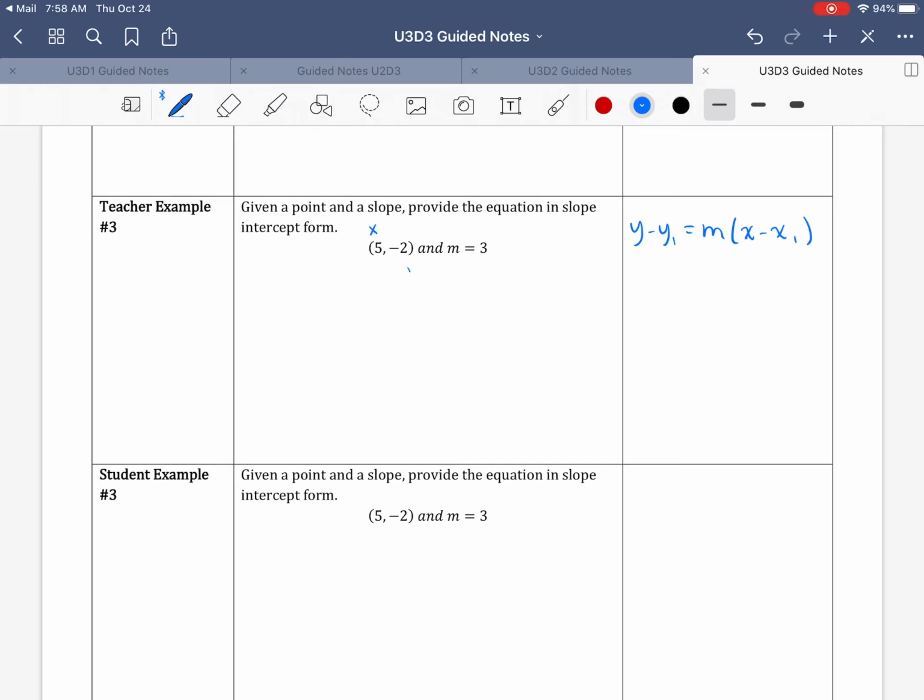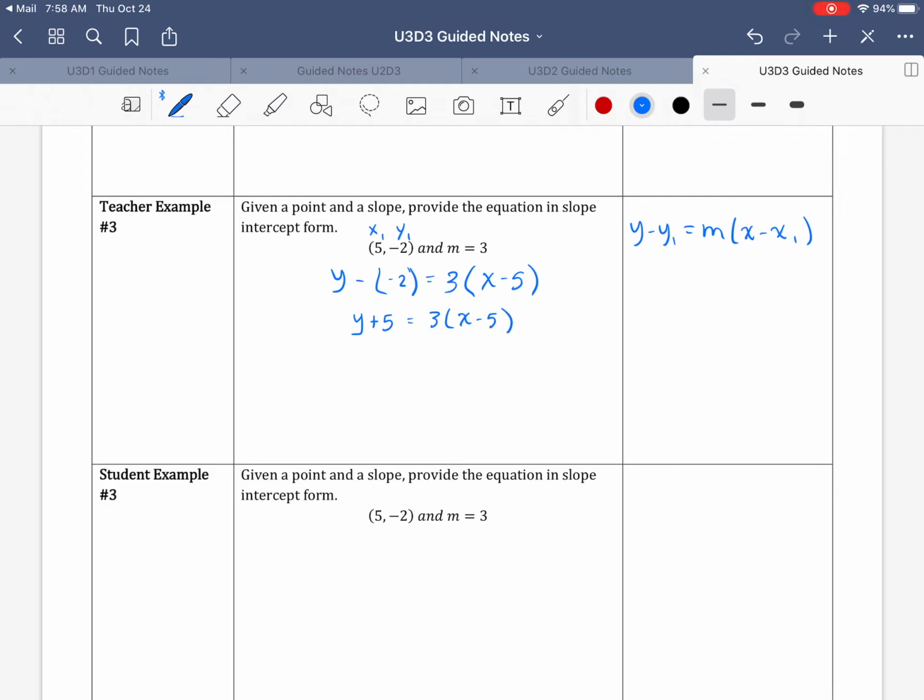Here, this is going to be x1, y1, and then m equals 3. So we can just plug those numbers right in. Y minus a negative 2 equals 3 times x minus 5. From here, we know that minus a negative is the same as a plus, so y plus 2 equals 3 times x minus 5.